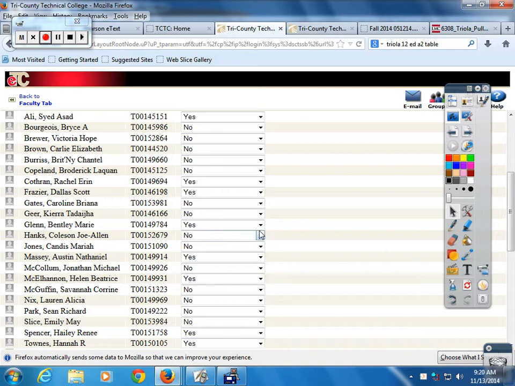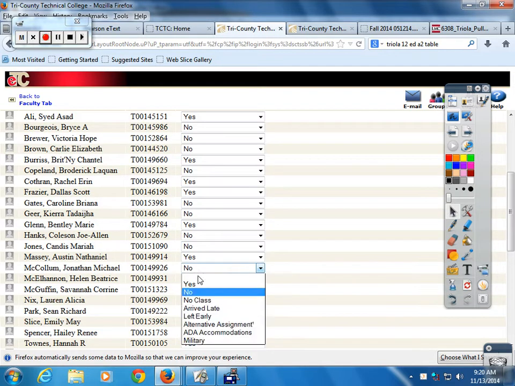What's y'all's name? McCollum. Burris and McCollum. All right, I got the first row.